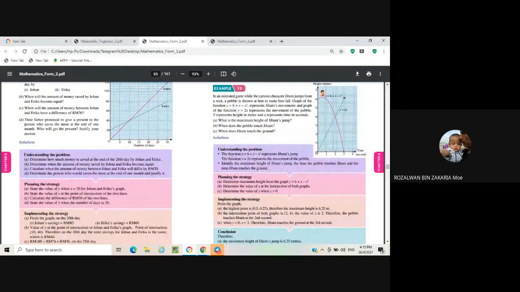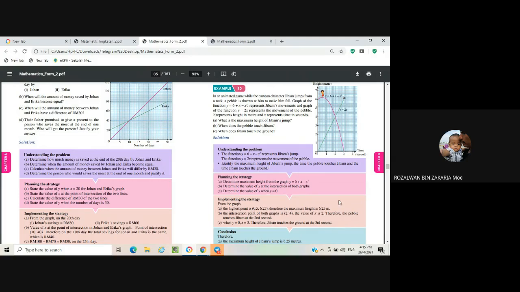The function y equals 6 plus x minus x square represents Jibam's jump. Then the function y equals 2x represents the movement of the pebble. The question asks you to identify the maximum height of Jibam's jump, the time the pebble touches Jibam, and the time Jibam touches the ground.